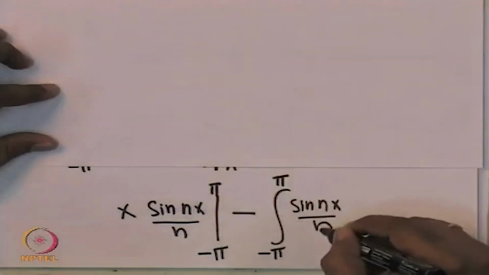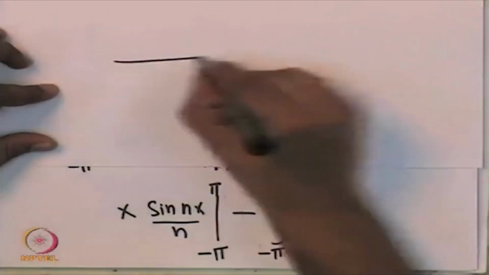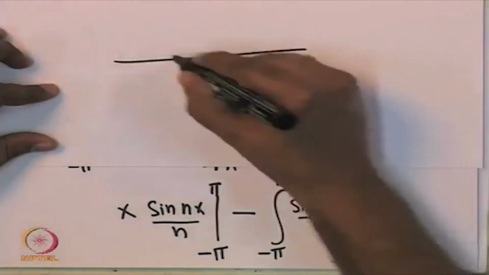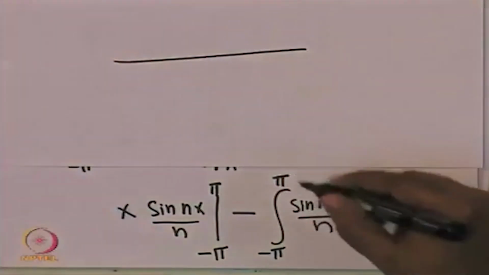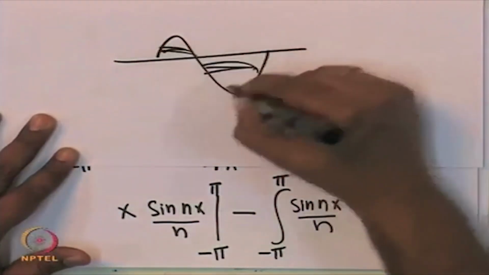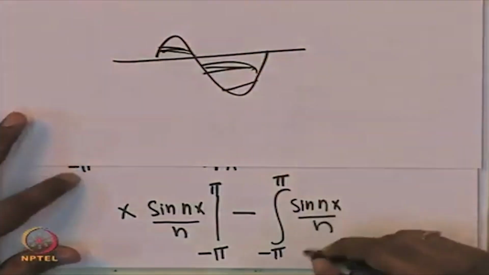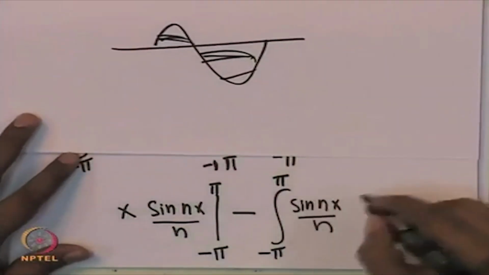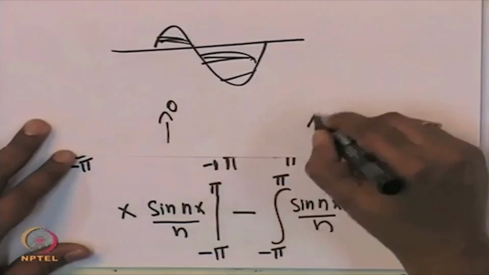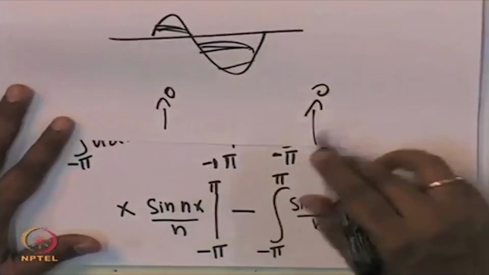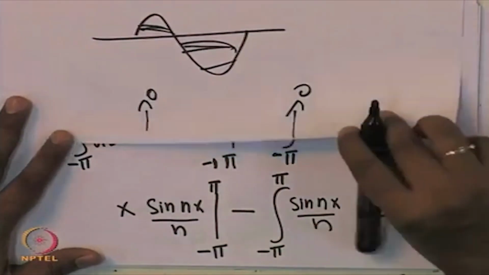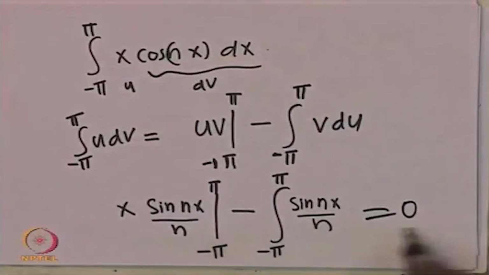You know that the integral of sin from minus pi to plus pi has to be 0, because a periodic function like this has the same area under the curve on both sides. So, both these terms give you 0, and the answer is 0. You can convince yourself by doing this that the answer is 0.